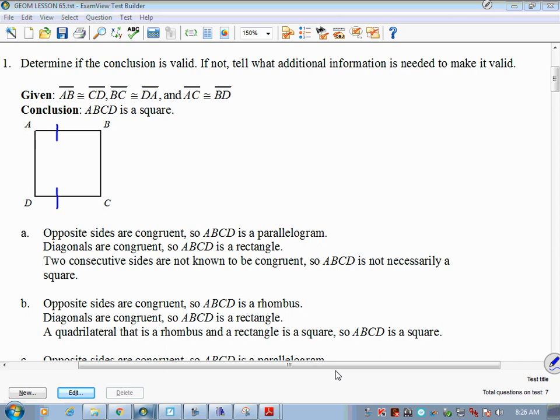We've got congruent statements there, and then they tell me that BC is congruent to DA, and they tell me that AC is congruent to BD. So we get something like this.